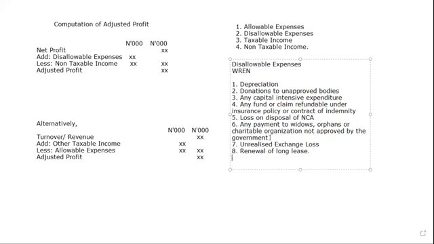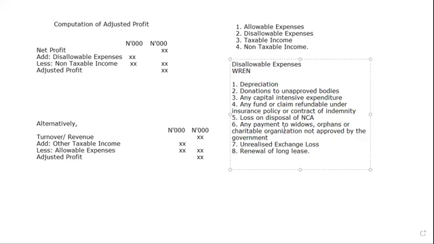In case there is an accident, let's say a motor accident, and you incur an expenditure on that vehicle, and the money you spent is actually recoverable under any insurance claim or contract of indemnity, then that becomes disallowable. Custom duty on fixed assets is also disallowed.